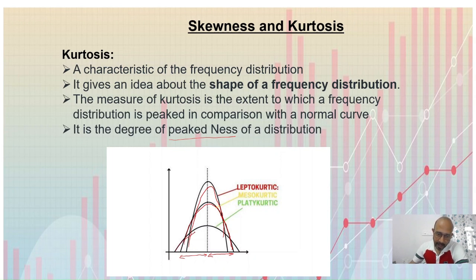You can see the height of the curve is lower than the normal curve. In this curve, there is less concentration of items around the central value compared to meso or leptokurtic.